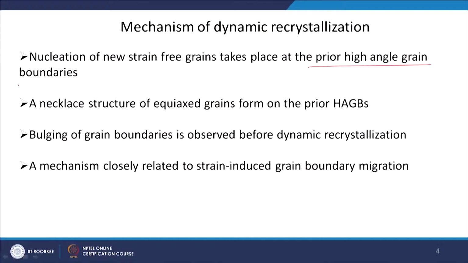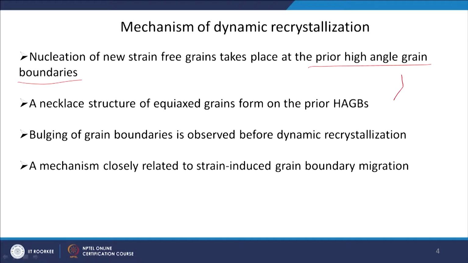Similarly, in this case the nucleation of new strain free grains will take place at the prior high angle grain boundaries, and around that you have dislocation density. So, that is where it will start, and because it starts at those boundaries, it forms what people call a necklace structure.